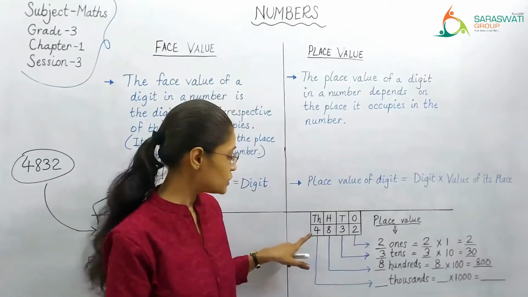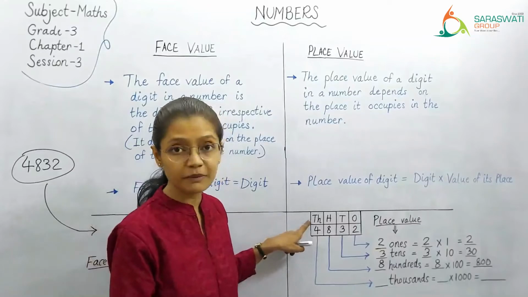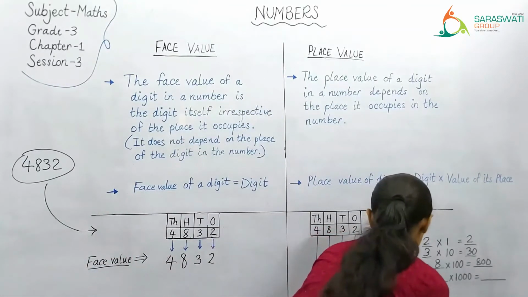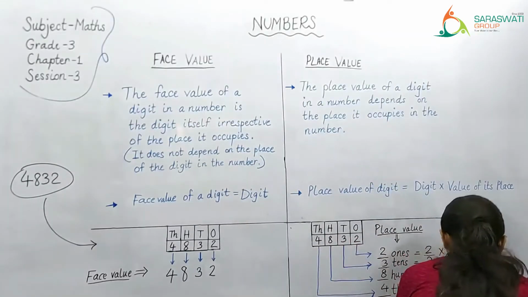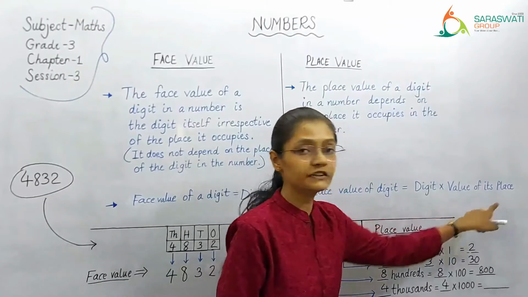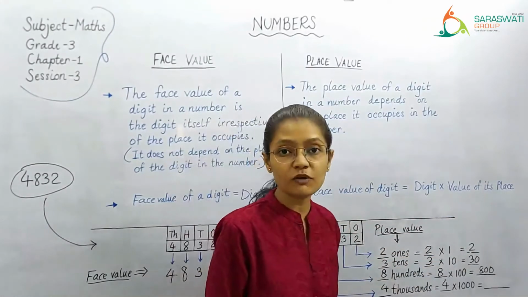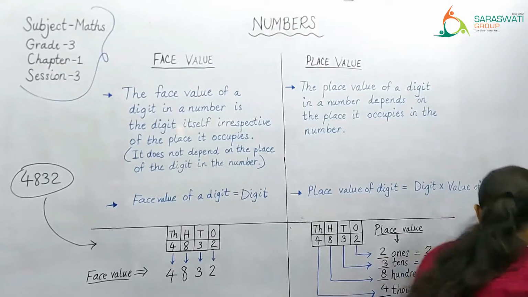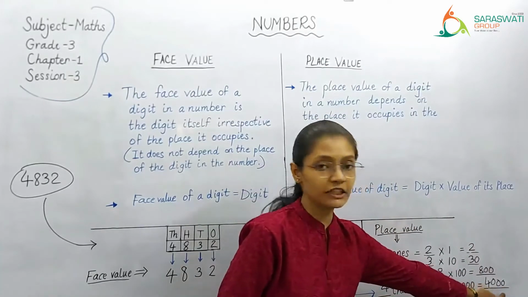Then the place value of digit 4, which is at thousands place, is 4 thousands. So that is 4 multiplied by 1000, which is the value of thousands place. So which is equal to 4000. 4 followed by 3 zeros.